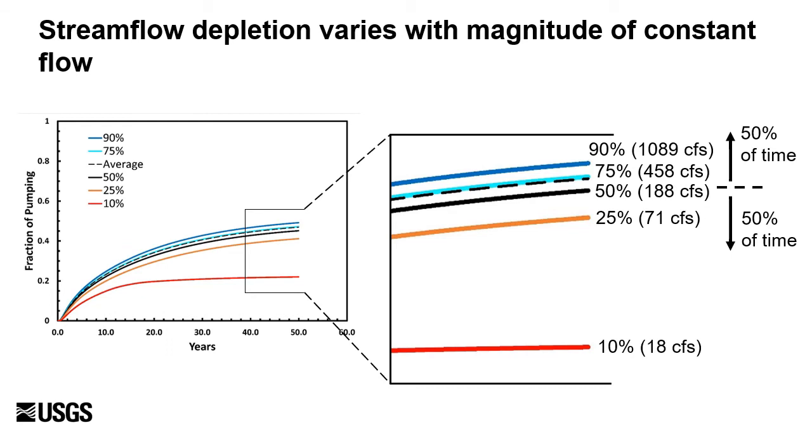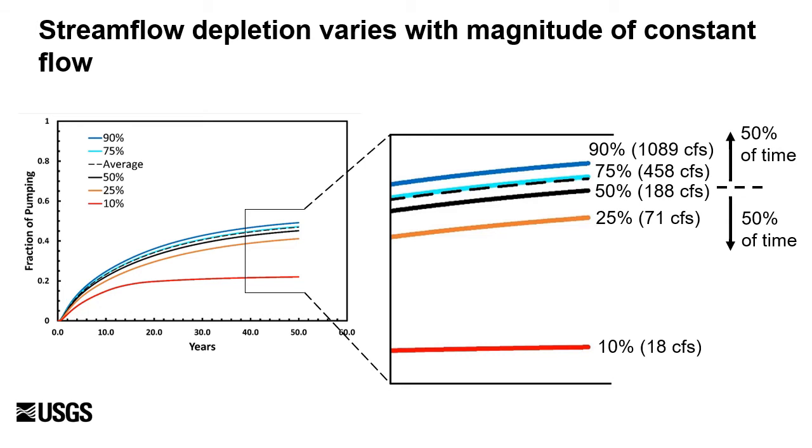So this shows the results for the analysis of stream flow depletion under the different magnitudes of constant flow. And what we see is that the stream depletion does vary depending on what constant flow is chosen. For the 50th percentile, the 75th percentile, and 90th percentile, they don't vary that much.